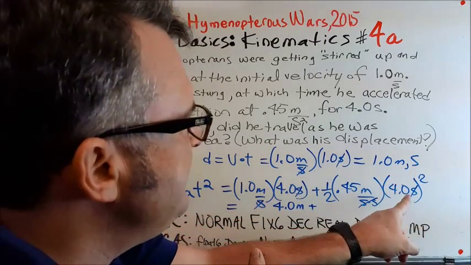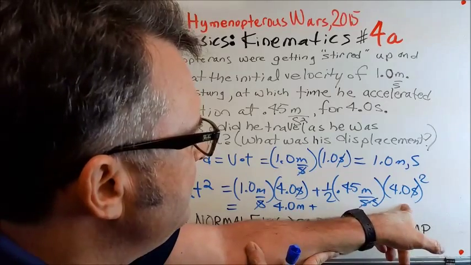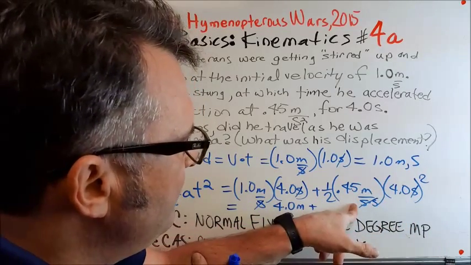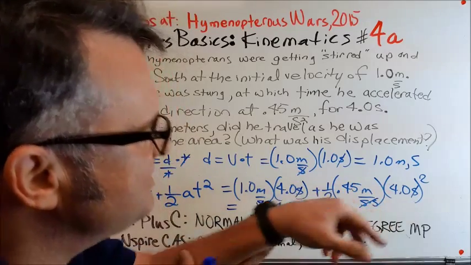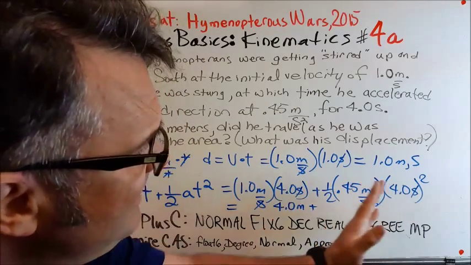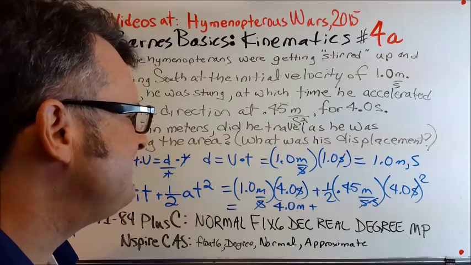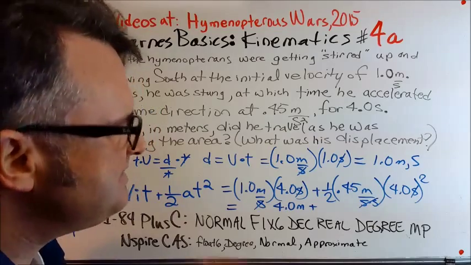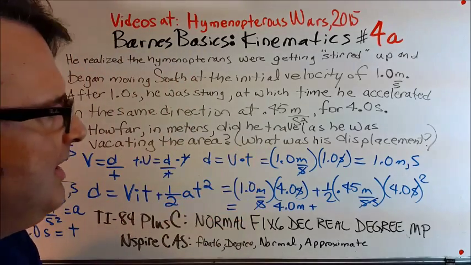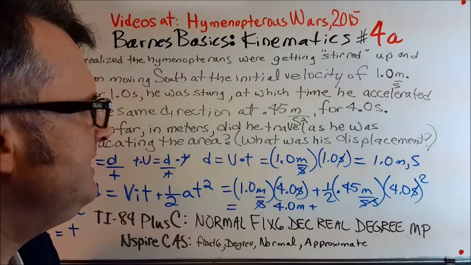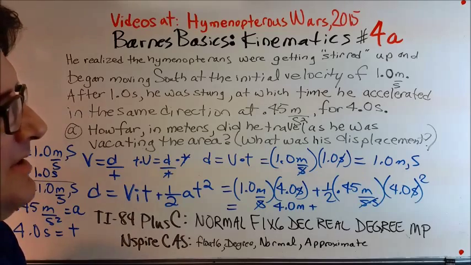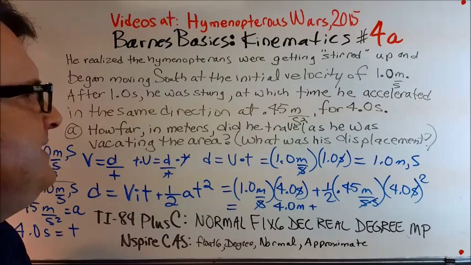In this equation, I'm going to put 4 squared and then multiply it by 0.45 and then divide by 2. That's how I'm going to get this expression. We could put it in like this, and it's very possible. And in some of the later equations, I'm going to probably use some of the neat tricks that we can see in the TI technology, but I think I'm going to keep it pretty simple in this one.